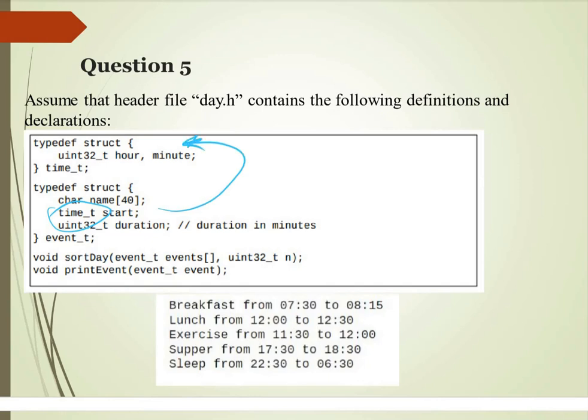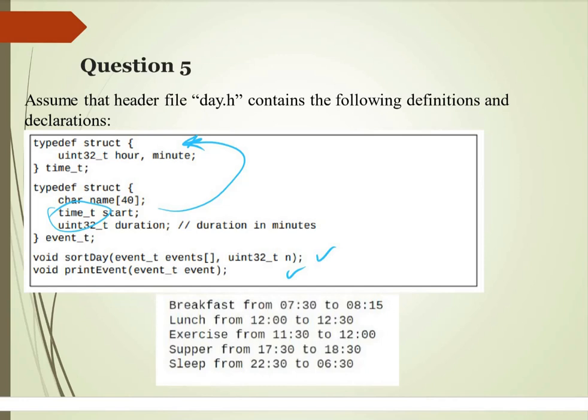And then we have a duration, which is the duration of the event in minutes. We have two functions that we need to develop here, and these are the output that we are looking for. In the output, it is clear that we want to sort them such that the event that starts earlier will be printed first, and so on and so forth.